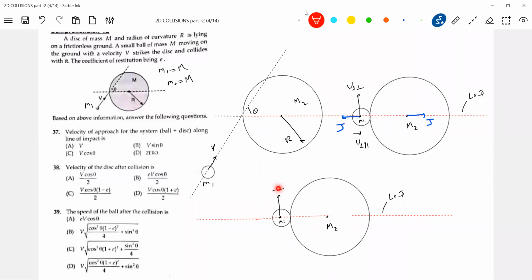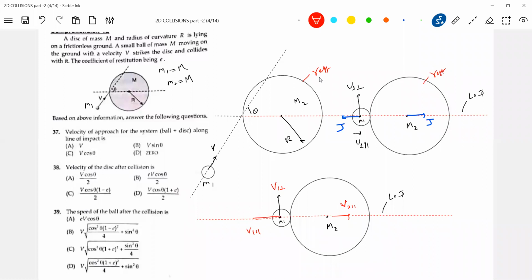So this should be the line of impact, the common normal, and the common tangent will be this one. v1 perpendicular, this will be v1 parallel, and this will be v2 parallel. Why is there no v2 perpendicular? Because the impulse is acting only along the line of impact, and initially this is at rest. And finally, this is what happens here.